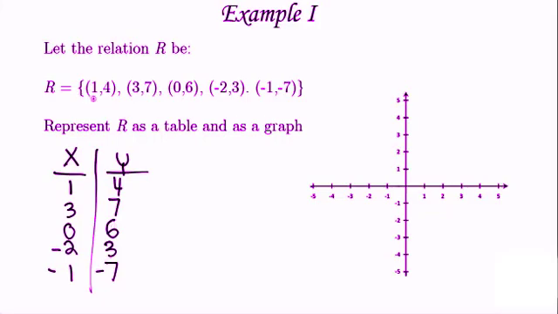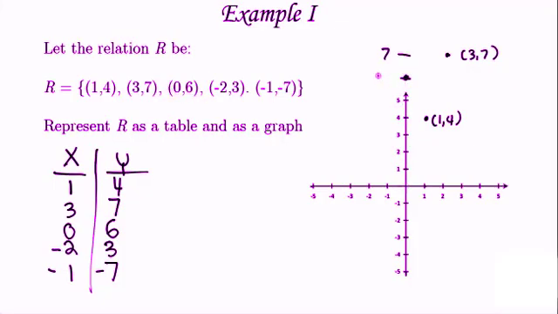In order to represent it as a graph, I go over to the coordinate plane and I just plot out these points. 1, 4, that's telling me that x is 1, and I go up to 4 for y. So that's 1, 4. The second is 3, 7. So 7 is going to be about up here. Then 0, 6.